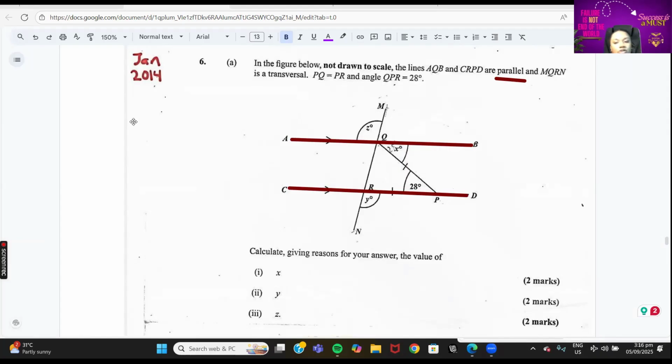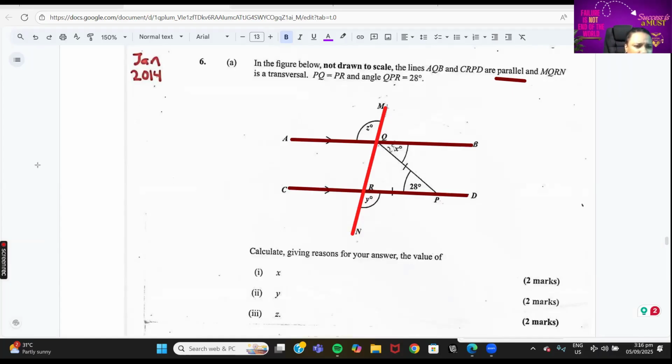So what is a transversal exactly? It is a straight line that intersects or passes through, in this case, a pair of parallel lines. When a transversal meets a pair of parallel lines, it creates vertically opposite, interior, alternate, and corresponding angles.